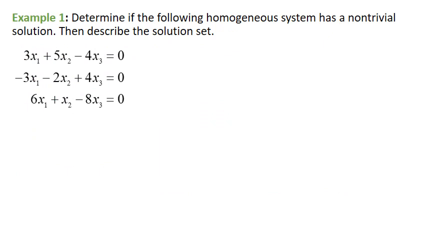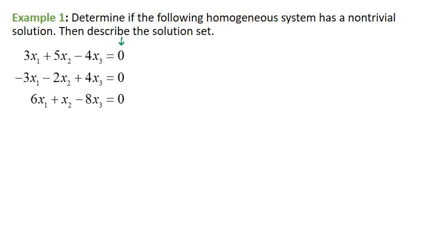So we are just going to jump right into an example. We want to determine if the following homogeneous system, and I know it's homogeneous because it's all equal to 0, has a non-trivial solution, and then describe that solution set.